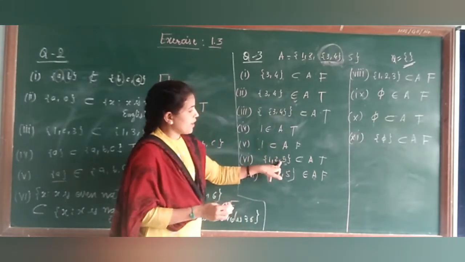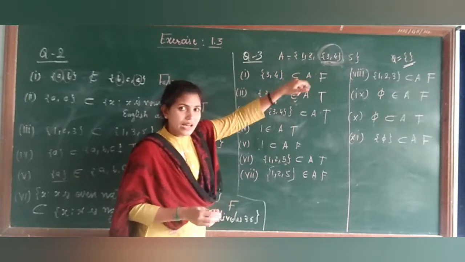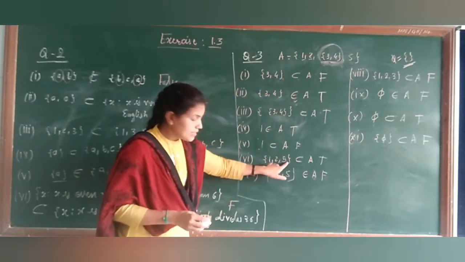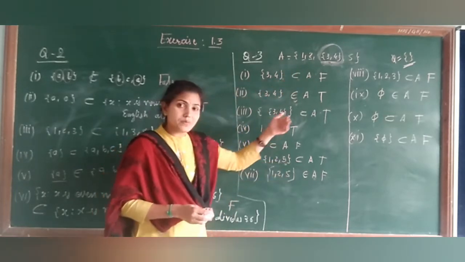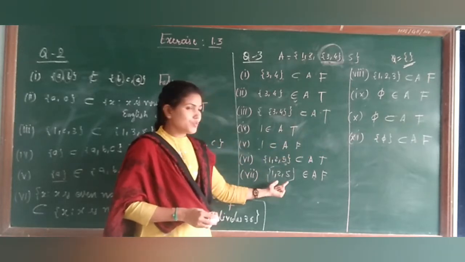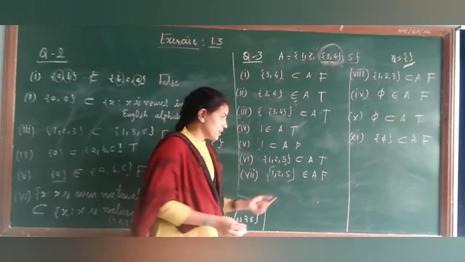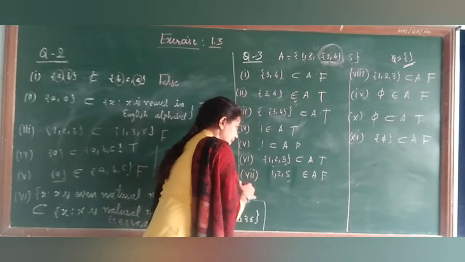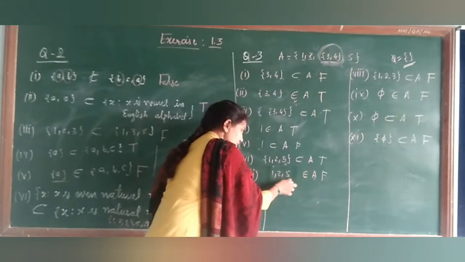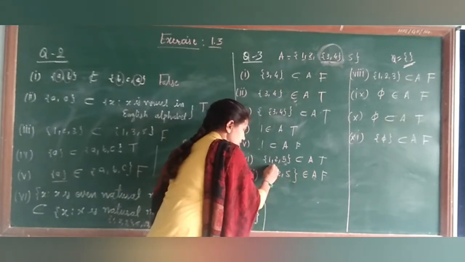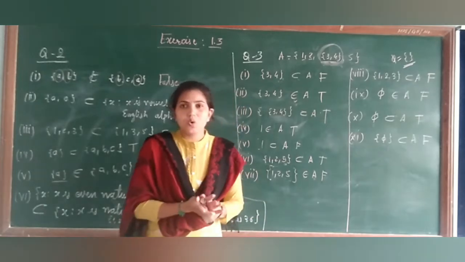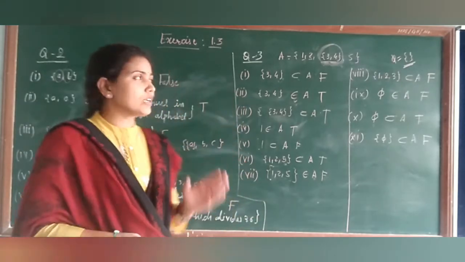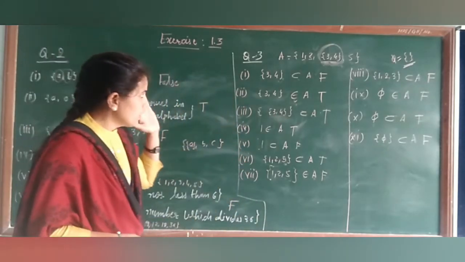Then 1 2 5 are the elements of the set and it is written in a bracket, so it is a subset. If I do not write this bracket, then it is a member of the set, otherwise it is a subset.